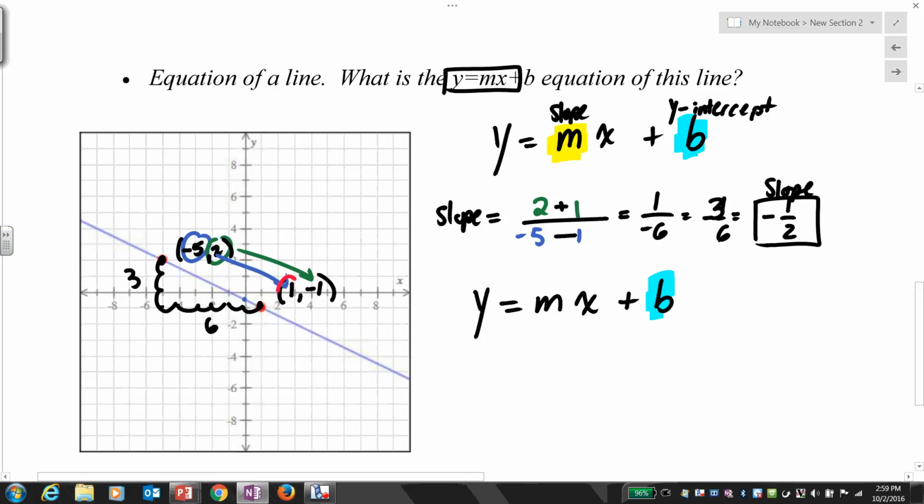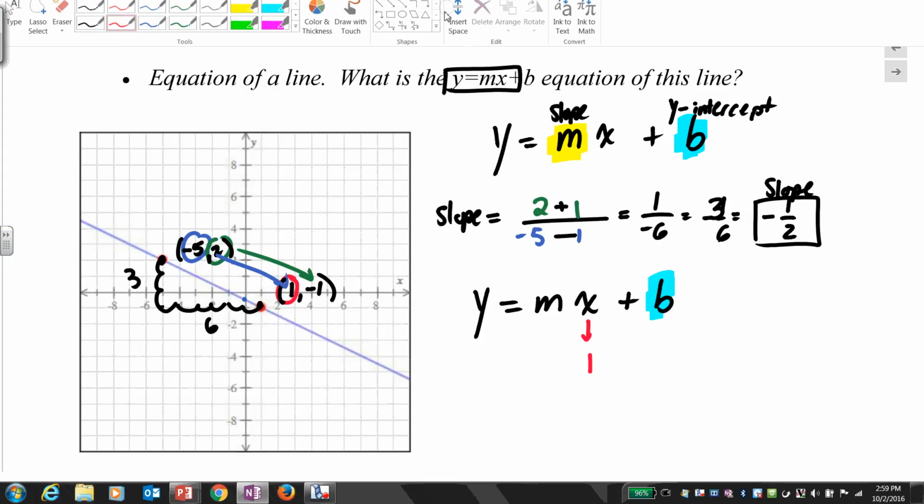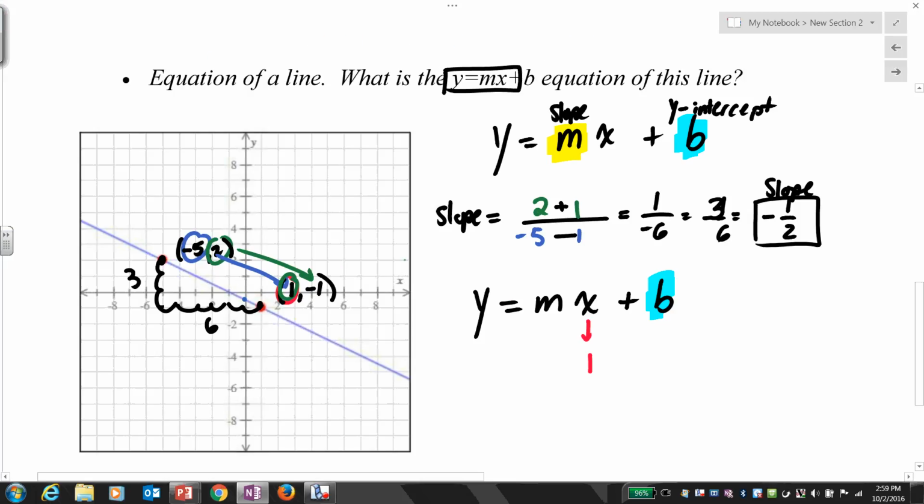Right here, I'm going to plug x is going to be 1. Y is going to be negative 1. My slope is negative 1/2. And then my b is my unknown.